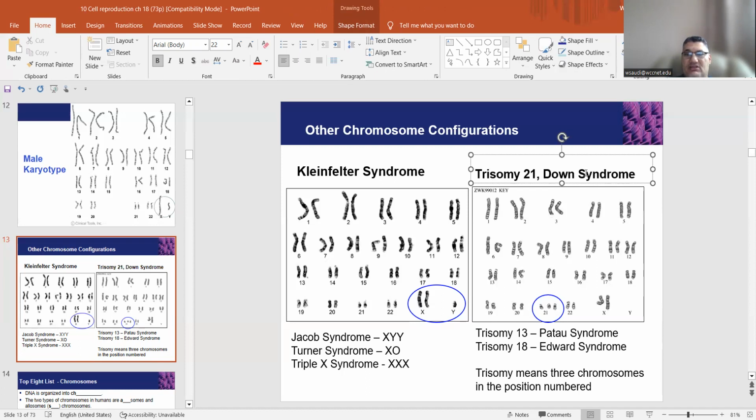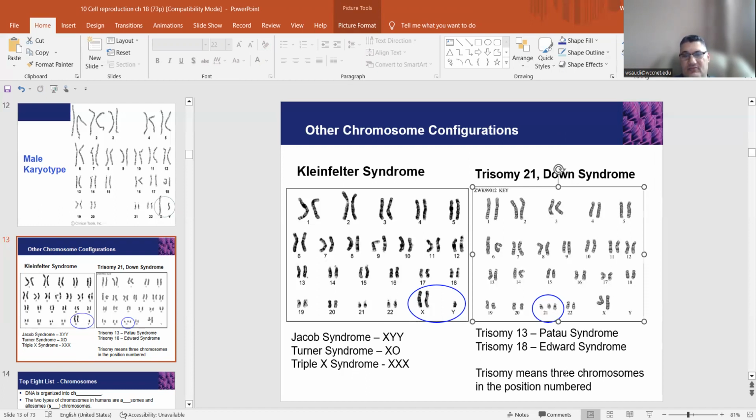The very famous Down syndrome. I don't know if you guys have heard about it or not, but it's very famous. This is trisomy also, but trisomy in the sex chromosome. Here, the trisomy is in one of the autosomes, specifically 21.